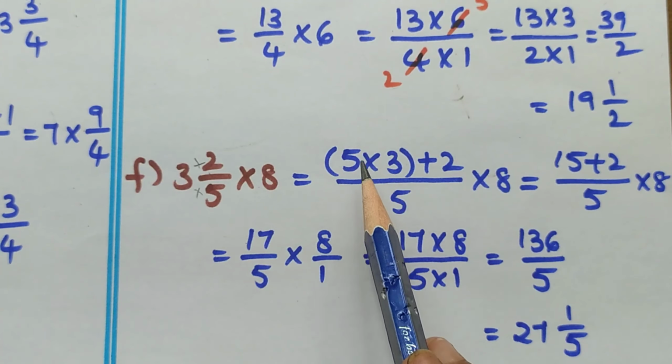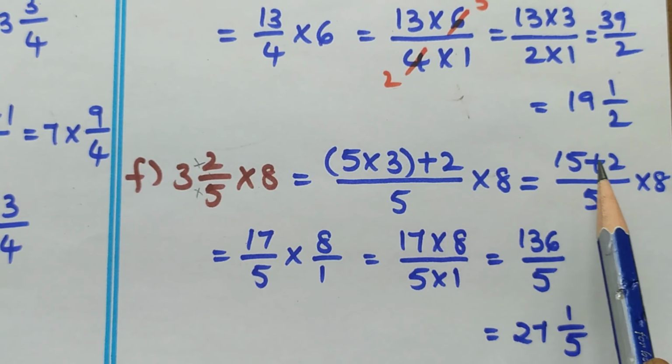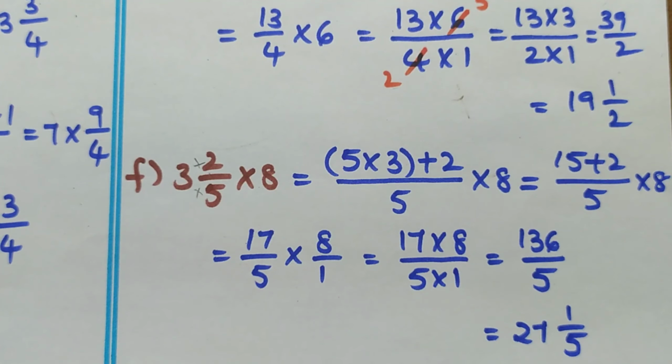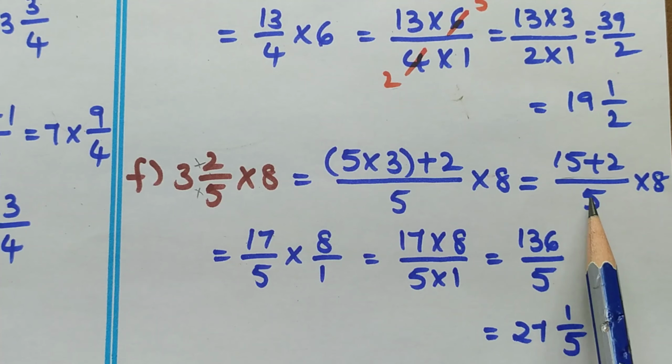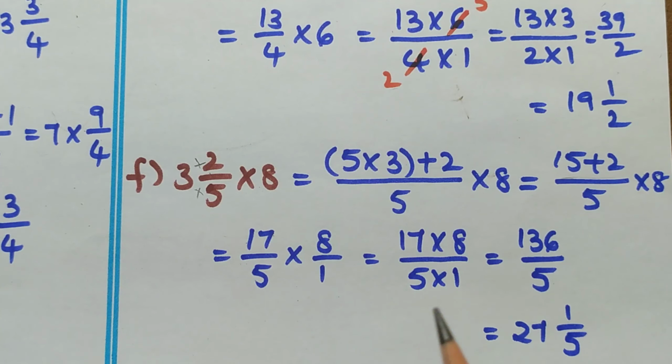So 5 into 3, 5 3s are 15 plus 2 by 5 into 8. 15 plus 2 is 17 by 5 into 8 can be written as 8 by 1.